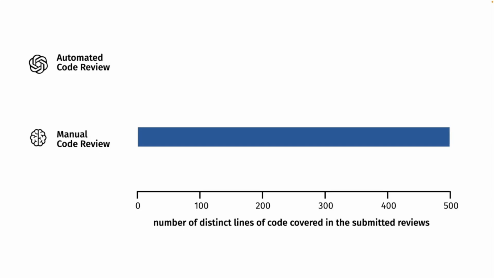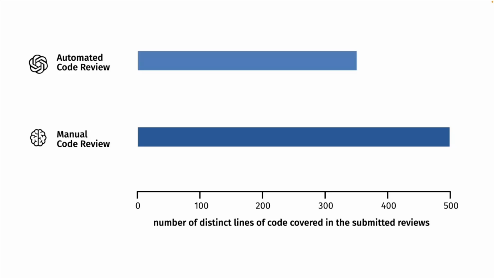If you do the same exercise for the code reviews in the automated code review treatment, there were less than 350 different lines of code commented by the reviewers. So they tended to focus much more on the same areas of the code that were those triggered by the AI suggestions. So basically, it didn't really help.